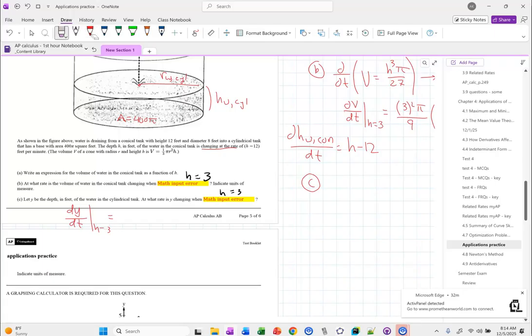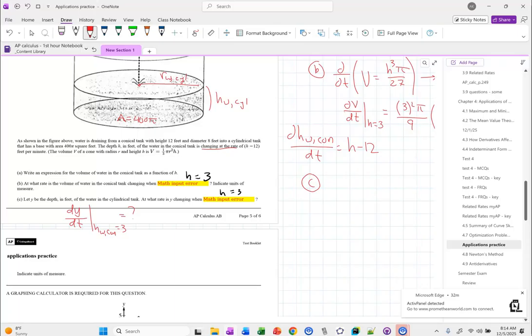And really this h here, let's be careful. Talking about the h for the cone. So far so good? Okay.